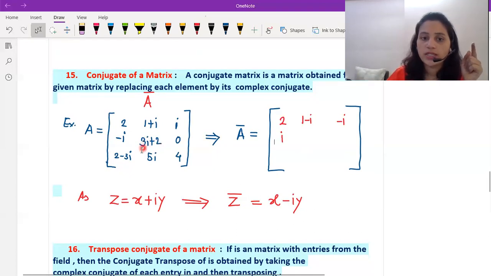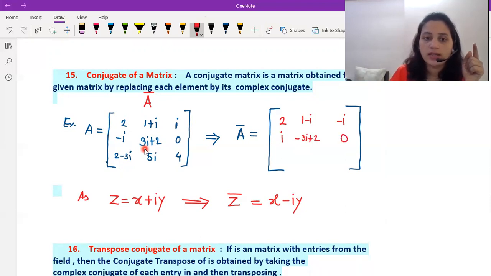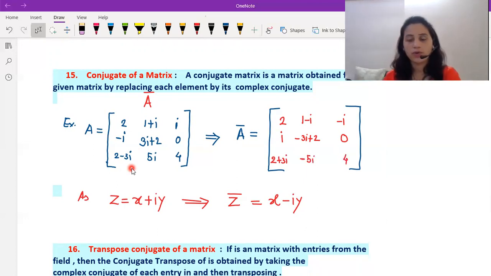So we have to change the sign of the imaginary part. So this will become 3 minus i, 0 as it is. Then last row, 2 minus 3i. The complex conjugate of 2 minus 3i is 2 plus 3i. Then complex conjugate of 5i is minus 5i, and complex conjugate of 4 is 4. Okay, because 4 can be expressed as 4 plus 0i, right? So this is my conjugate of a matrix.